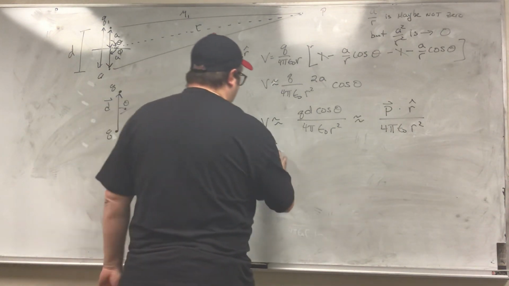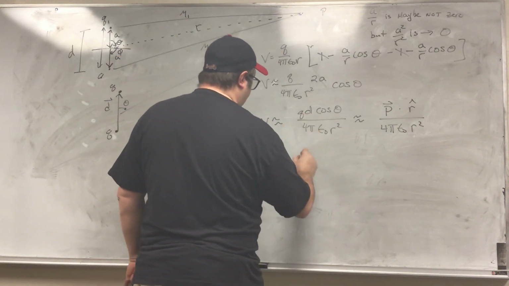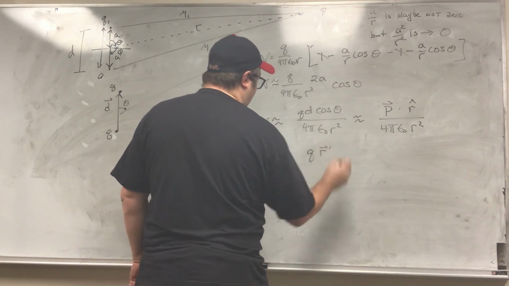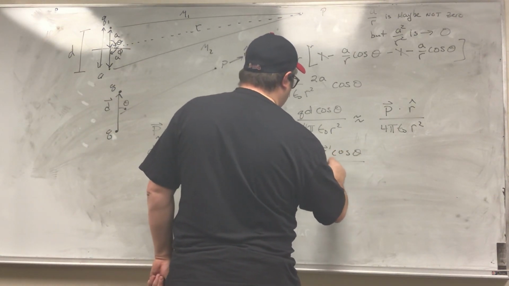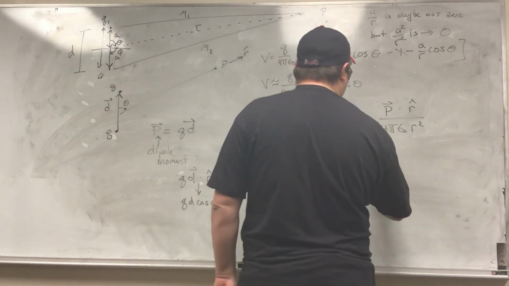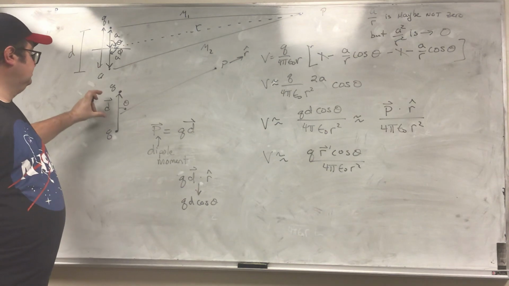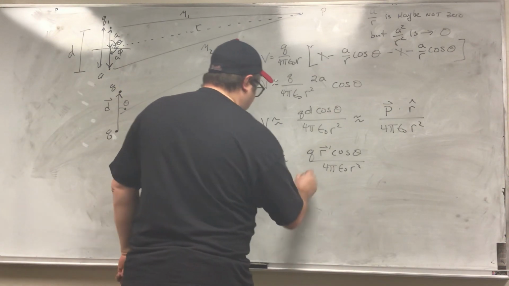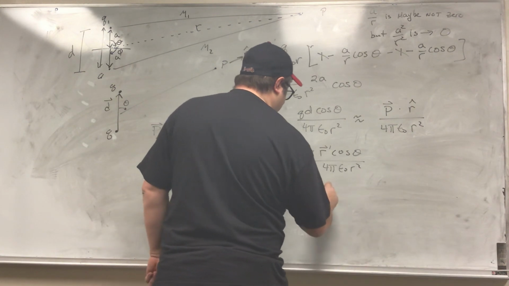We can always rewrite, just doing the same trick that we did before with the Q. So this is really r prime cosine theta over 4 pi epsilon naught r squared. Make sure I didn't give a 2 in there, yeah. So if I want to do this for an object that's not just 2 points, but more than 2 points, I can take my Q and rewrite it as a charge distribution.